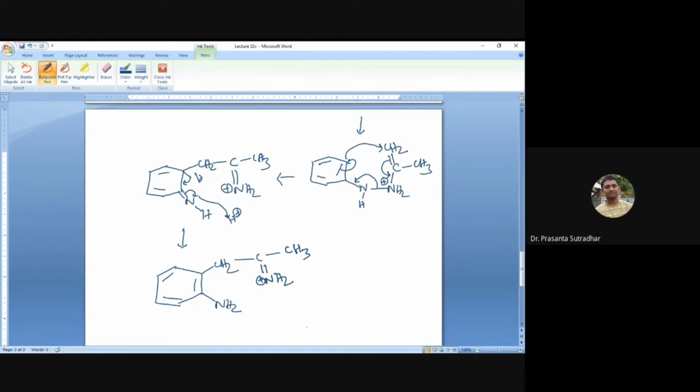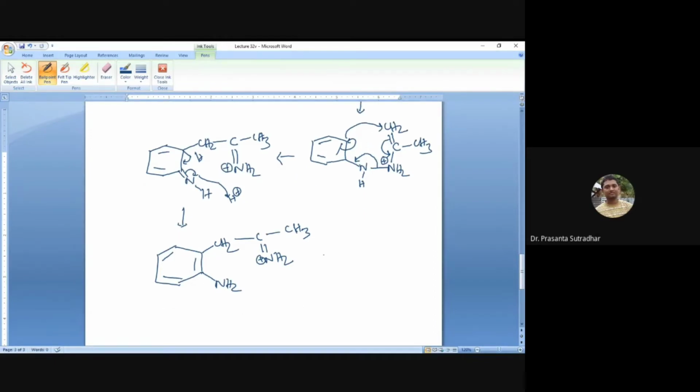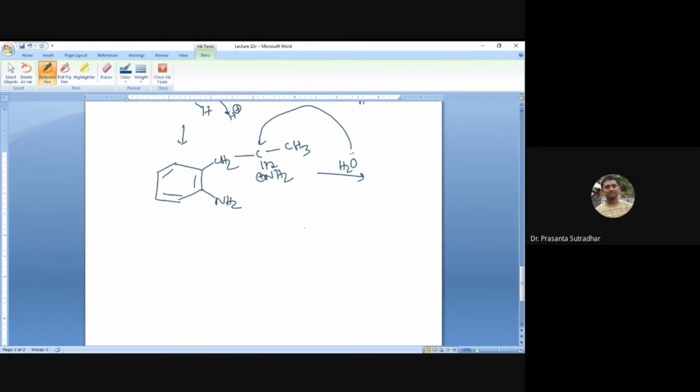Okay, now if I give water, water molecules will attack here and it will go.